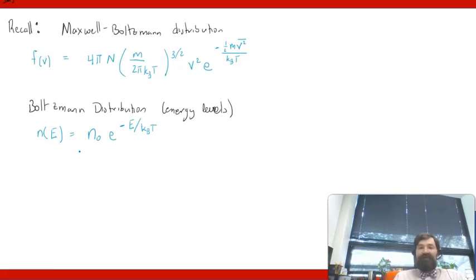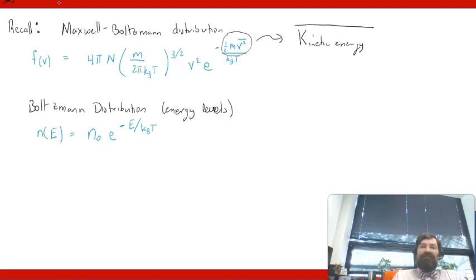Note that this term in the numerator of the exponent is kinetic energy, K. So kinetic energy on average. In some sense you can see how these two things are linked to each other.